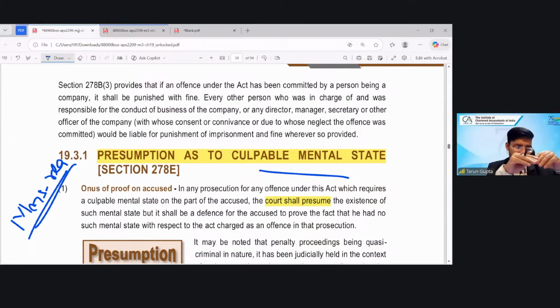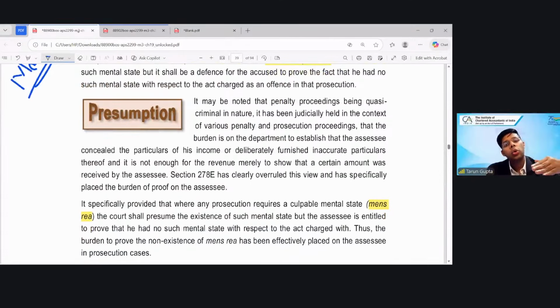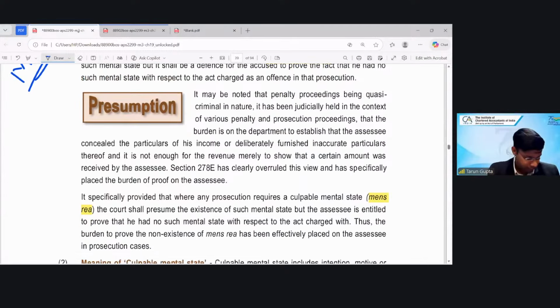Section 278E says that the court would presume that mens rea was there. The defaulter, the offender, has a culpable mental state. The offense has been committed consciously, voluntarily, and the assessee, the offender, has to prove otherwise.